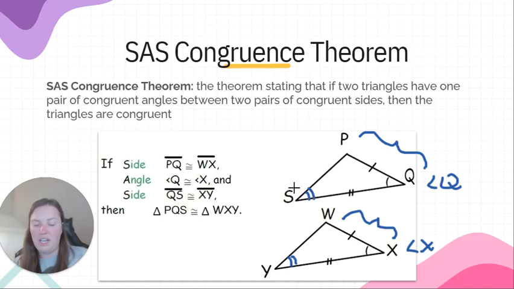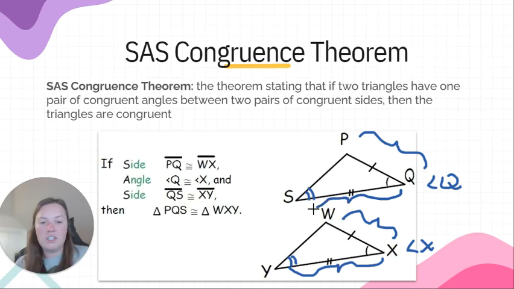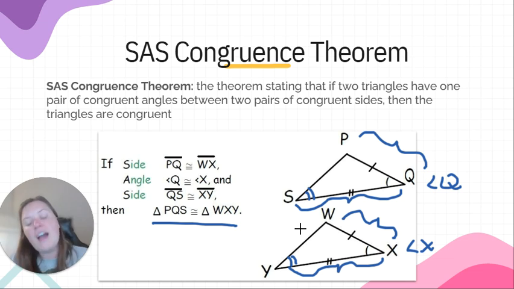So this is saying angle Y and angle S are congruent. Anyways, so we have PQ and WX that are congruent, Q and X that are congruent, and then we have XY and QS that are congruent because we have a side, an included angle, and a side that are all congruent to each other. That means that PQS and WXY are congruent triangles.